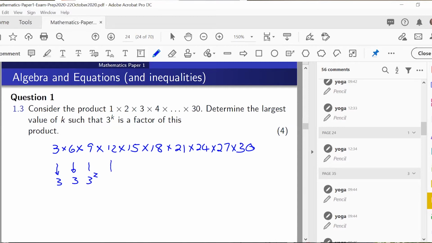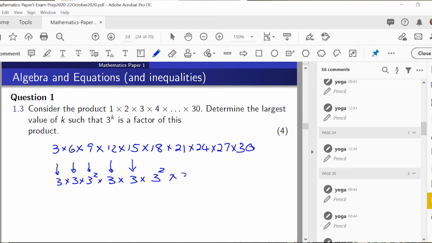And there, we have only 1 three because it's 3 times 4. And here, we have got only 1 three. Let me just put a multiplication sign in between. Here, we have got 9 multiplied by 2, which means that we have got a square of 3.